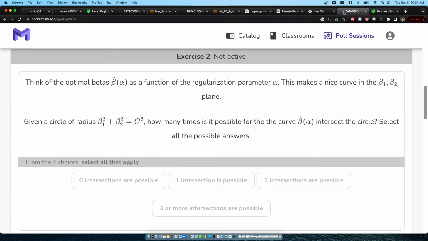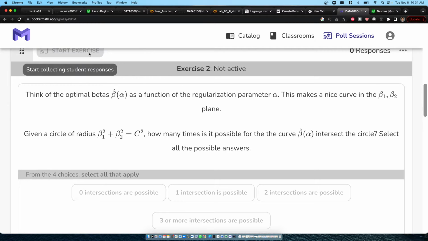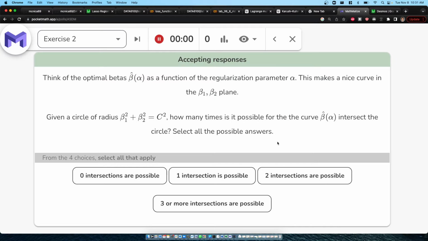So take a second and think, what is going on in this equation that has to do with this kind of intersection thing, and what is happening. So let me start this exercise for you guys to think about. I'll put it in presentation mode, and this will help us figure out what's going on.